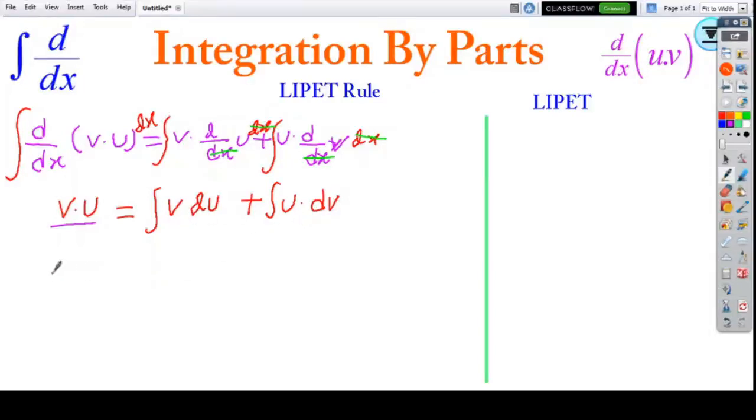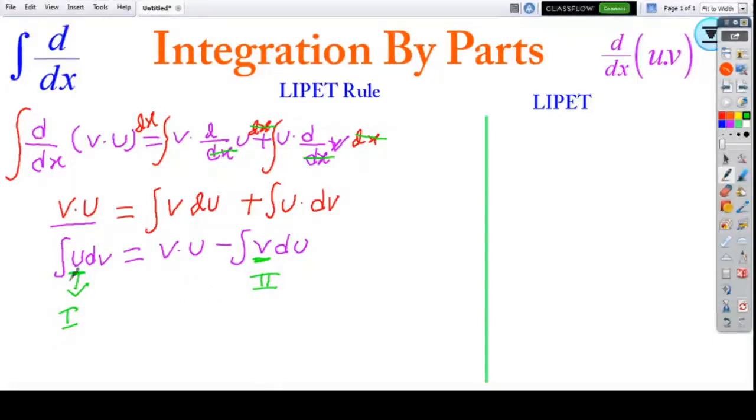Now I am going to write this in another form. This is the final form, but I am going to write it in another form, which is the integral of u dv is equal to uv, the product of both, minus the integral of v du. Here we need to consider that u is going to become the first function and v is going to become the second function.